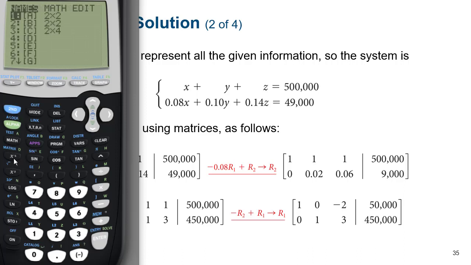So now if we go back to our matrix menu, go over to math, we can do all sorts of things with it. Let's try RREF. And then we need to tell it RREF of what. So we got to go back into the matrix and choose this one. Hit enter.